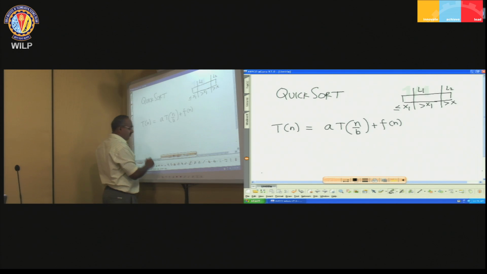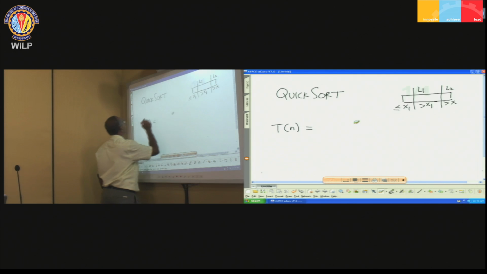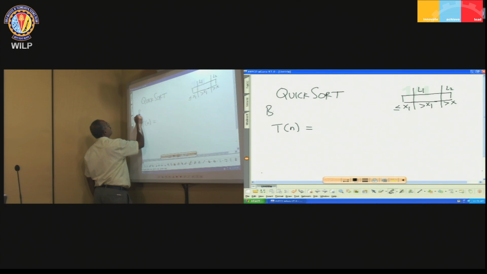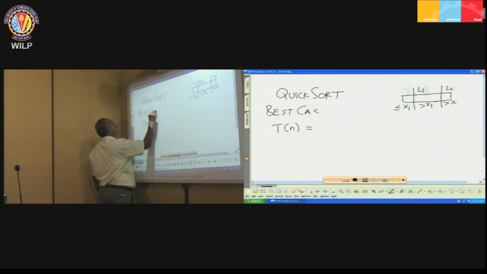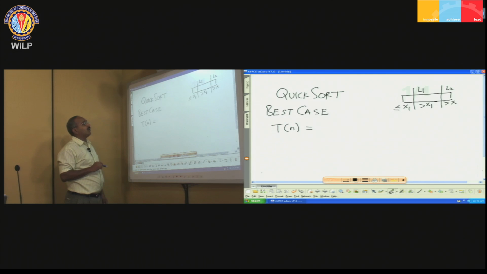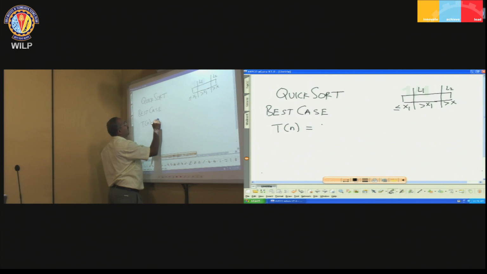So, let us try to now look at the best case and the worst case. Let us look at first the best case. In the best case, your partition is going to be in exactly 2 halves, right. In the best case, you will get 2 T(n/2).